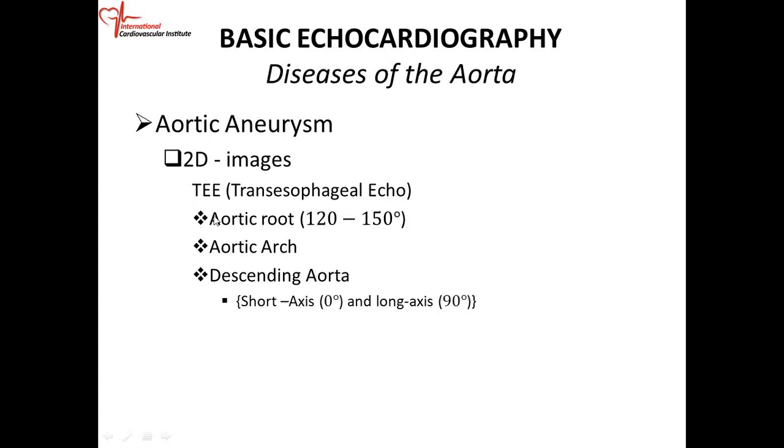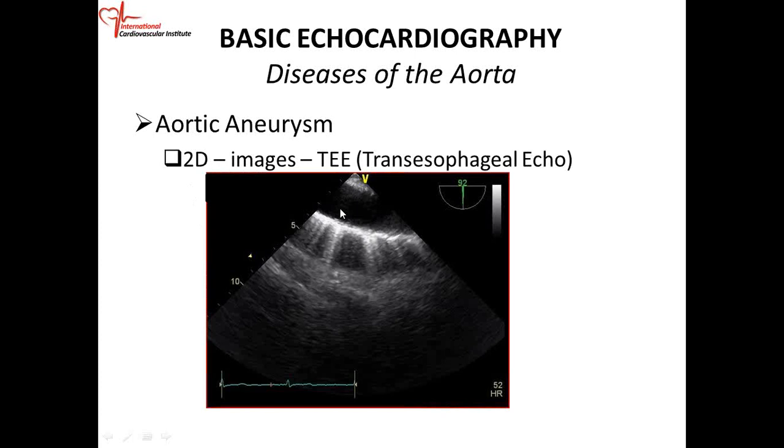With your transesophageal echo, you can see the aortic root by your 120 to 150 degrees. You can see the ascending aorta, you can see the aortic arch, and you can see the descending aorta in its entirety. Okay? So this is a transesophageal echo.